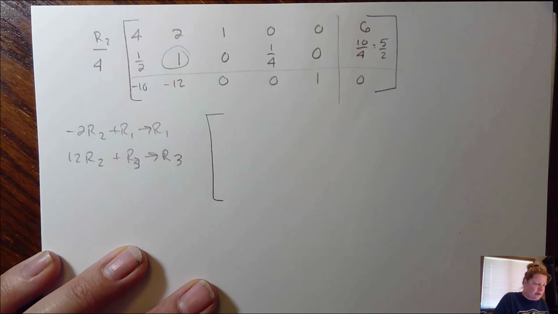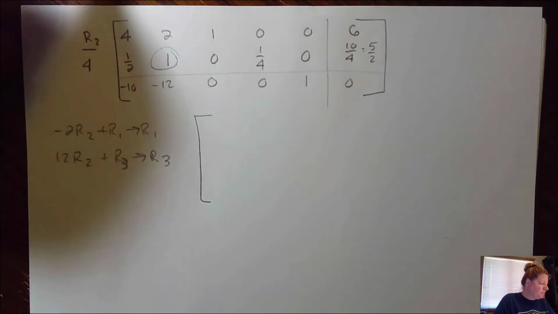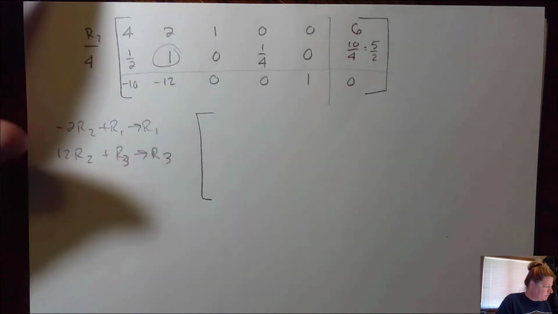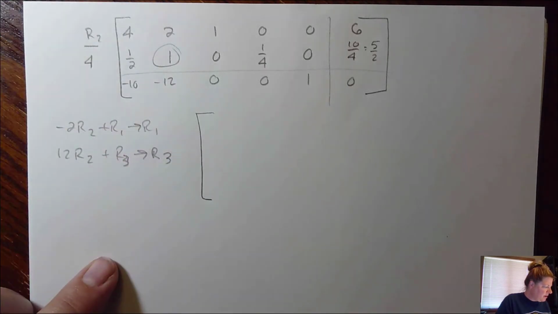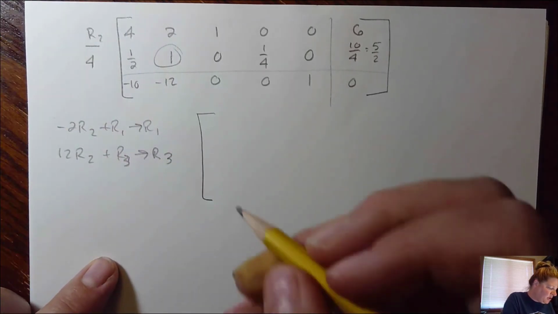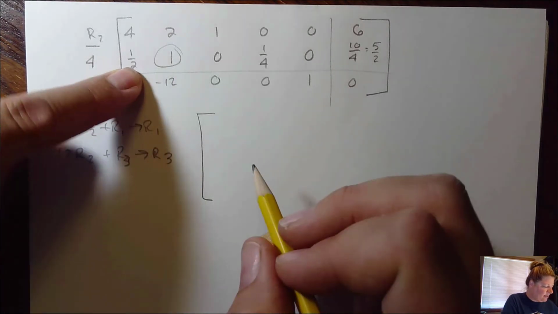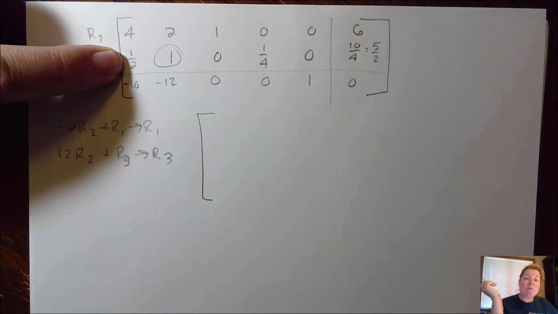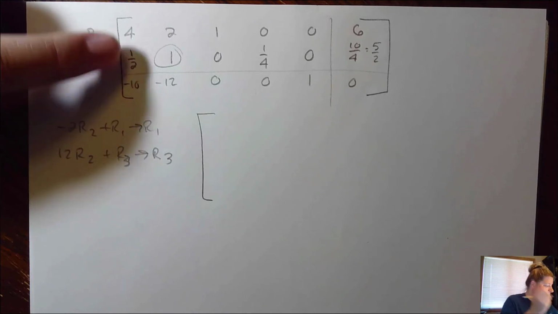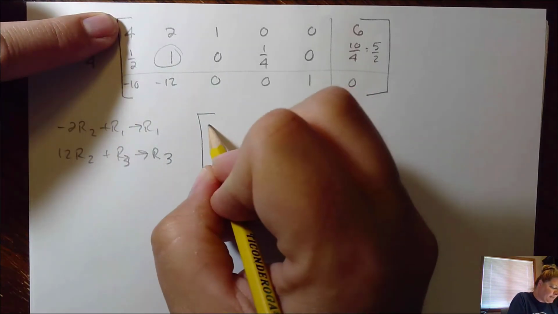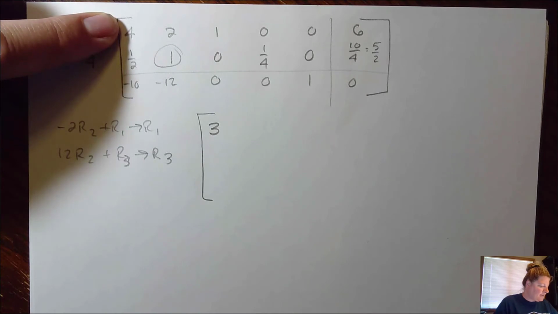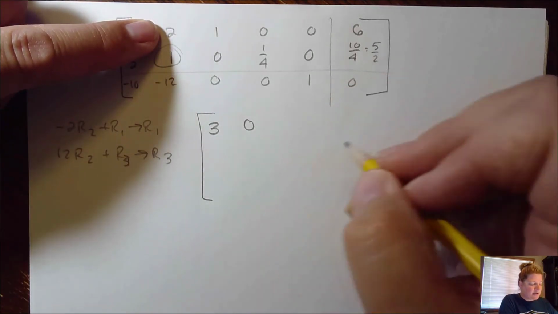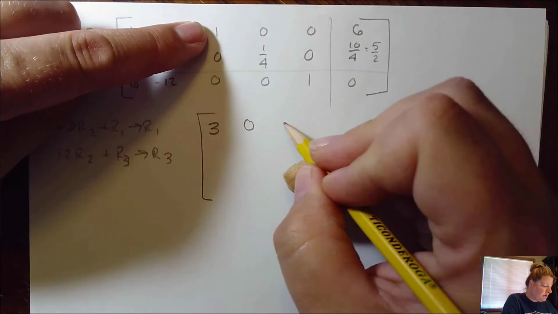Alrighty. So negative 2 times this is going to give me negative 1 plus the 4 will give me a 3. Okay, negative 2 times 1 and 2 make 0. Negative 2 times 0 is 0, plus 1 is 1.